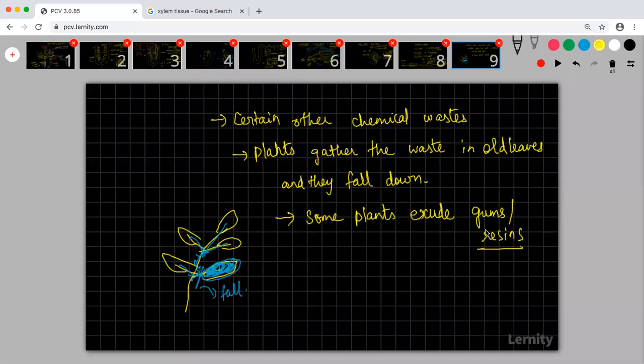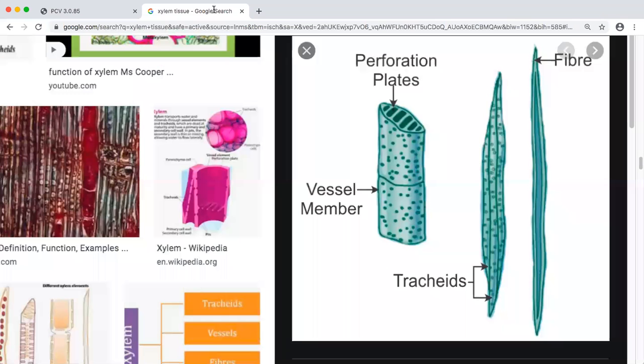Have you ever seen a drumstick plant? In the drumstick plant, you will see some gum-like substance coming out, some resin-like thing coming out.